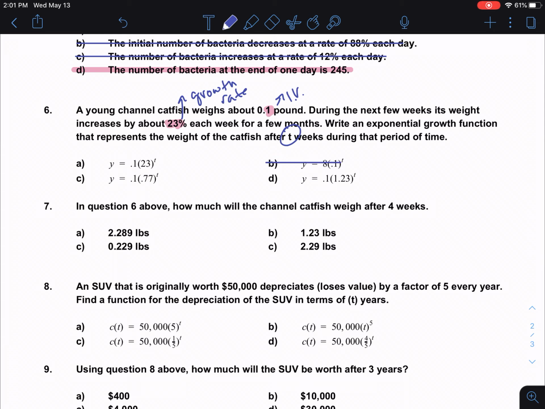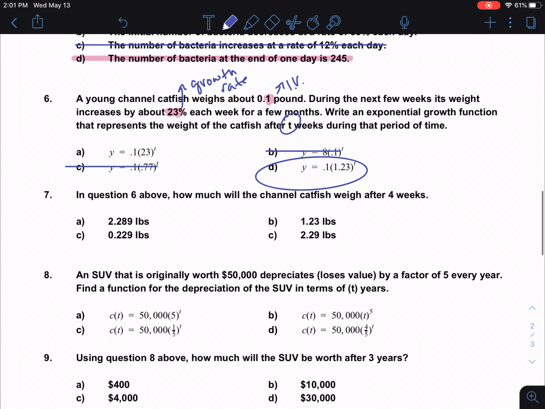So let's cross out our B. And our growth is 23%, but this one and this one aren't in percentage. We know it's not C. The way you're going to write that is 1.23, and it seems a little confusing, but you've got to add that 1 in front of there. Okay, so after 4 weeks.